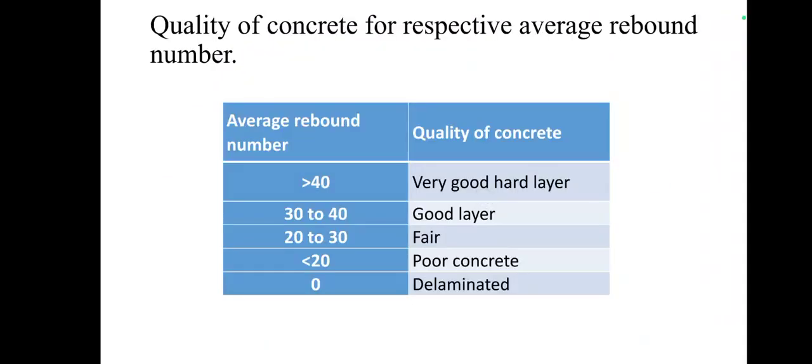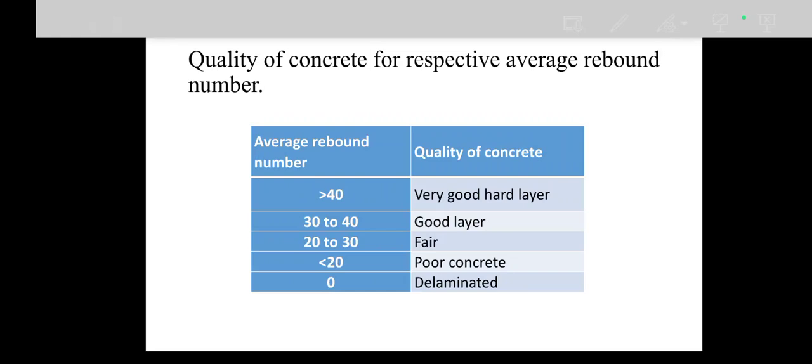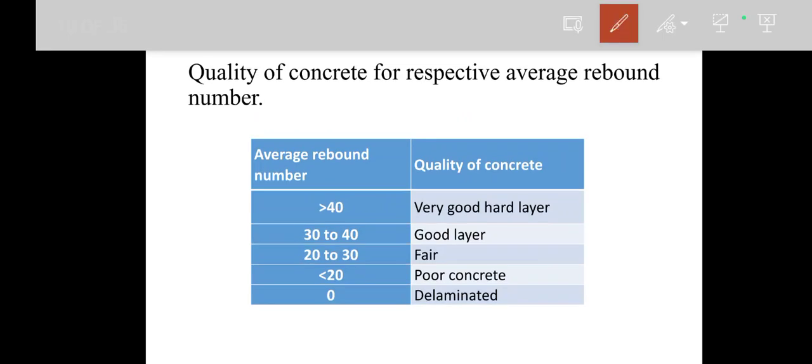This is also another important table to assess the quality. The previous chart we can use to find the indirect compressive strength. Here you can see, as I told, if the rebound number value is higher, it tells the concrete is stronger. That means a very good layer. If it is between 30 and 40, it is a good layer. 20 and 30 means it is somewhat fair. Less than 20 means it's poor concrete.